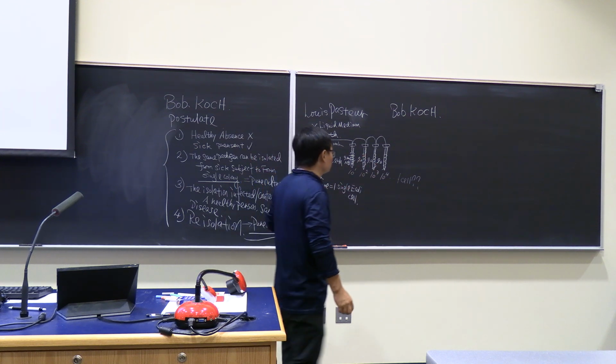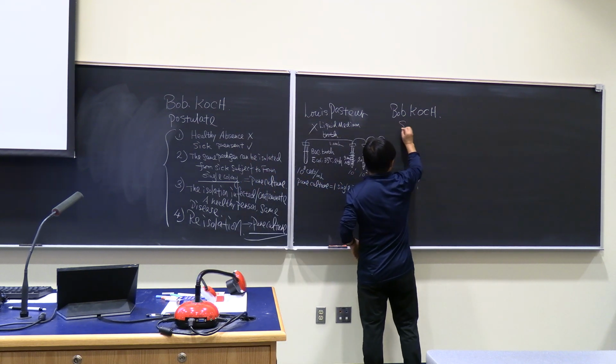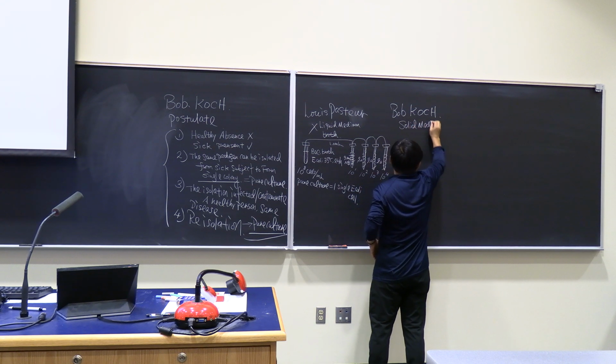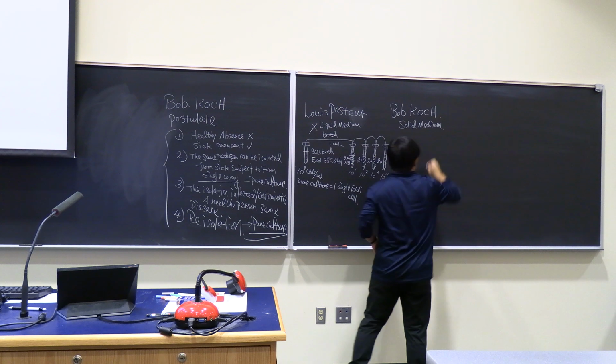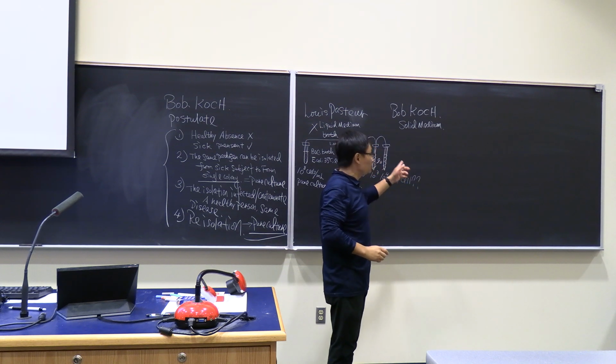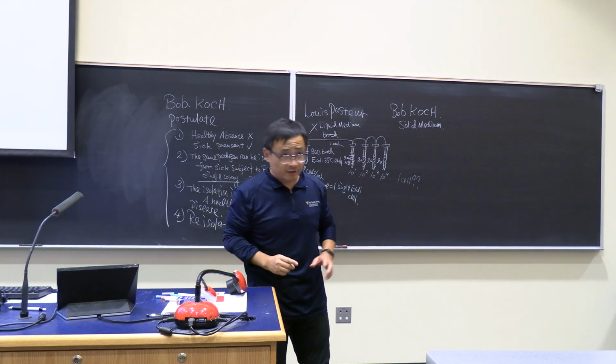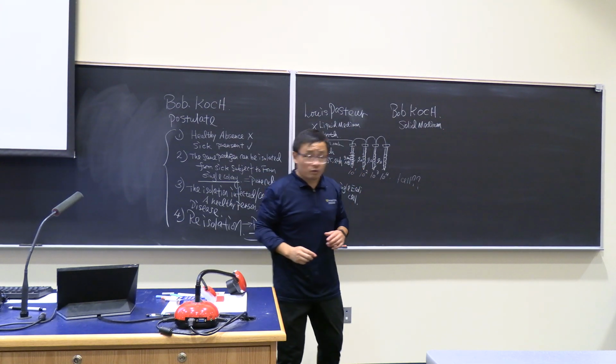So Robert Koch's group thought about it: we have to use solid media. So what is solid media? When you use a solid medium, you need to choose the material, and it's very challenging. Why?